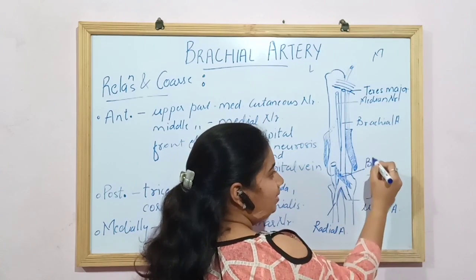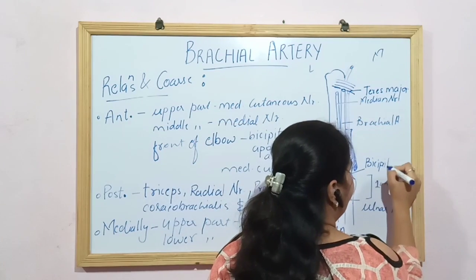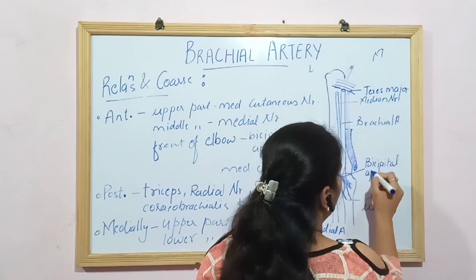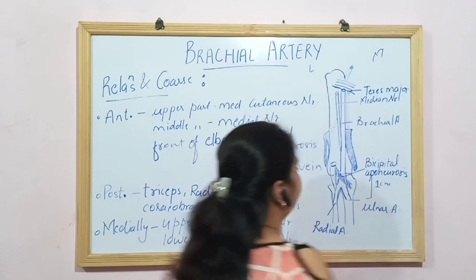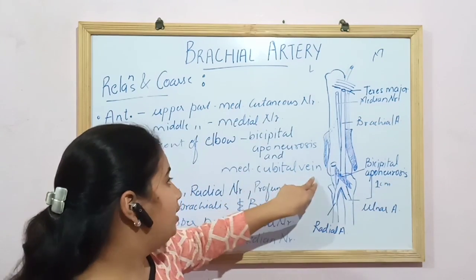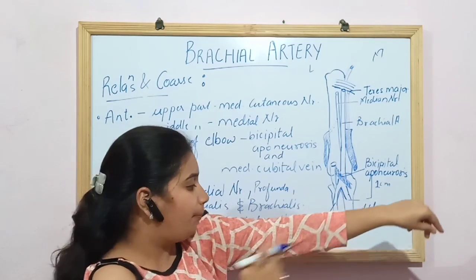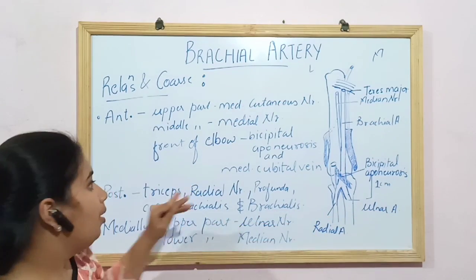This is the bicipital aponeurosis. And the medial cubital vein, which forms the triangular pit over the cubital fossa at the elbow.